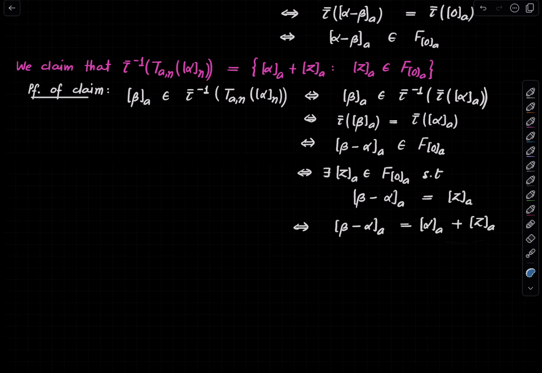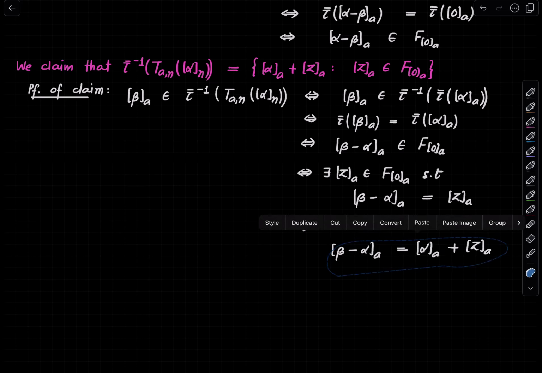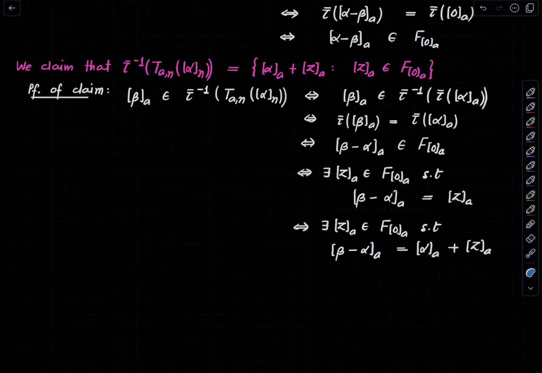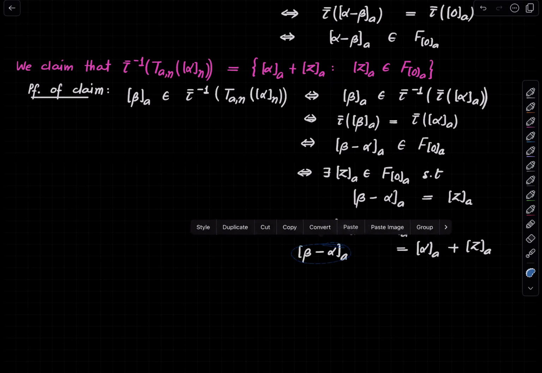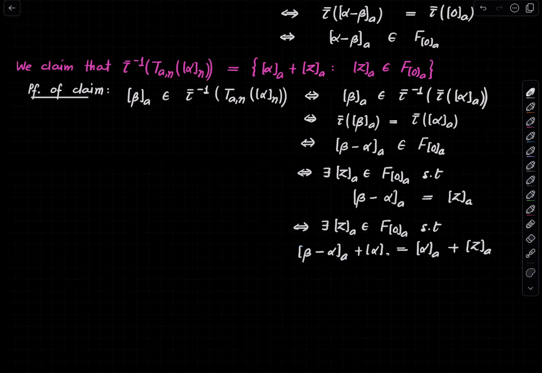right? Maybe I will write the full thing. Sorry, I forgot to add on the left side. So what happened? I just rewrote this statement by adding alpha mod A to both sides. Or maybe I will add it just to be a little bit more notationally sound. I will add it on the left side so that both of these things appear on the left side.